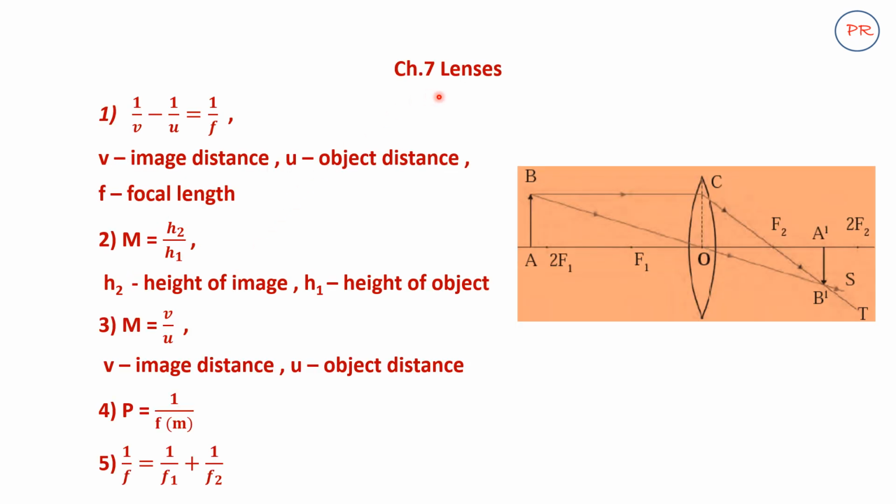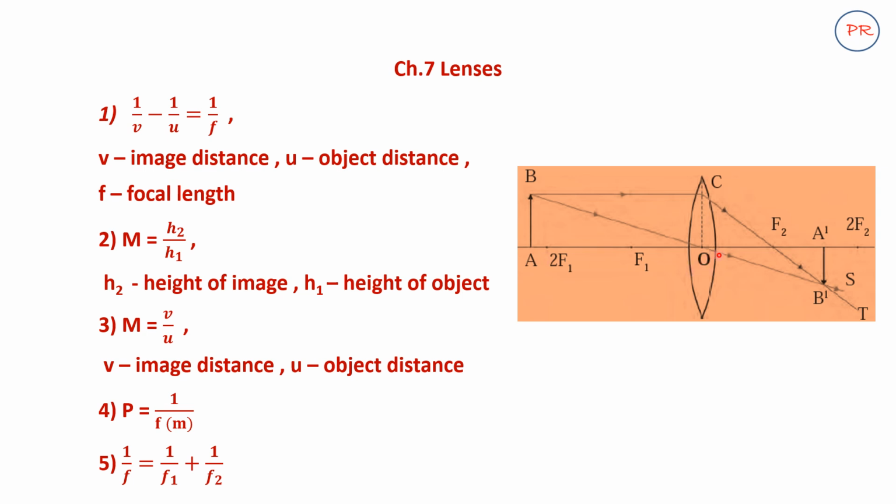Chapter number 7, lenses. Here you can see a convex lens. In front of this convex lens, an object has been placed beyond 2F1, and you will be able to see its inverted image on the other side. The distance of this object from O is called the object distance.